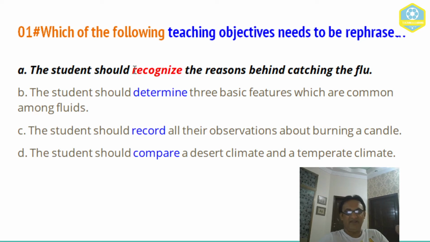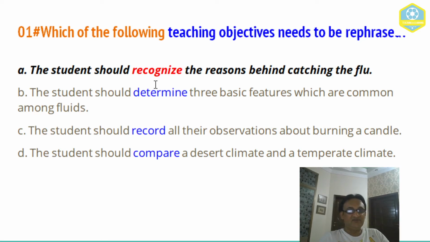So there's no appropriate action which tells the level of the students, or which students have to make. Is it suitable to recognize the reason behind? According to the student's level or learning style, can we make the student recognize in the classroom? You have to think about it.